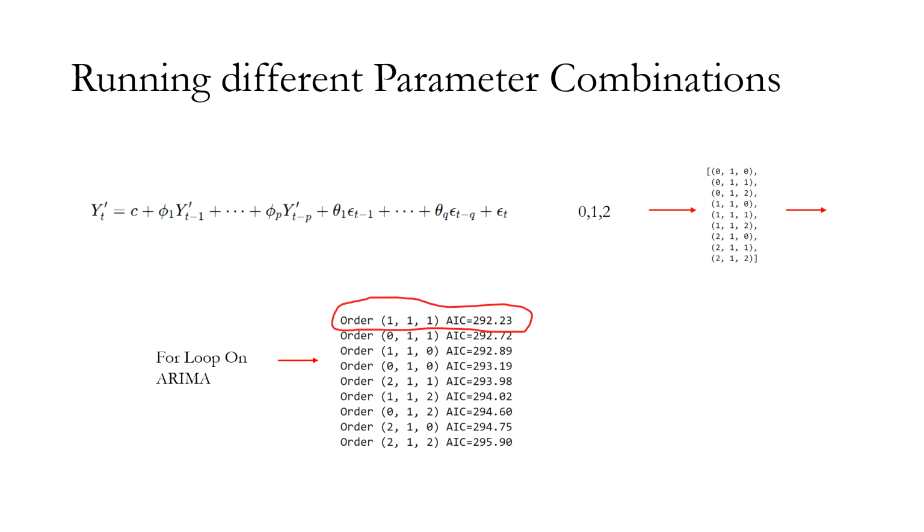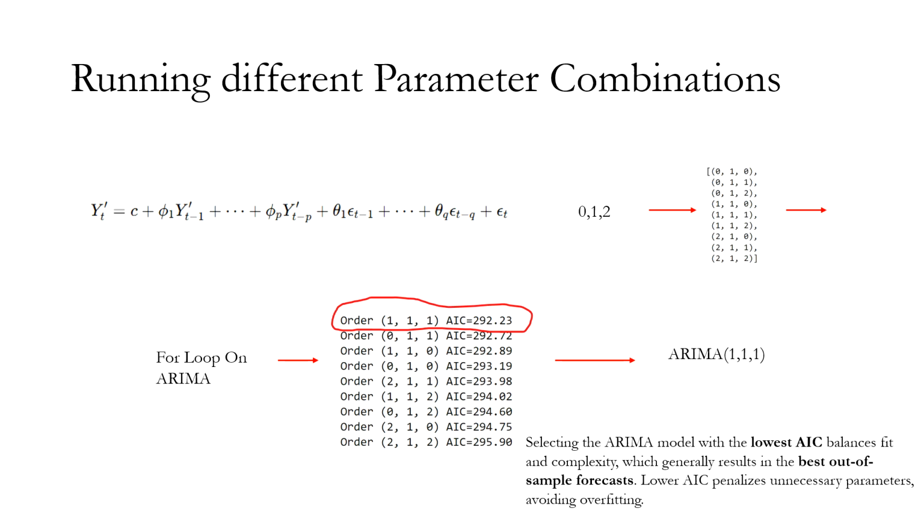And we see that this combination of PDQ being 1, 1, 1 has the lowest AIC, right? So that would lead us to an ARIMA 1, 1, 1 model. And selecting the ARIMA model with the lowest AIC balances fit and complexity, right? Which generally results in the best out of sample forecasts.